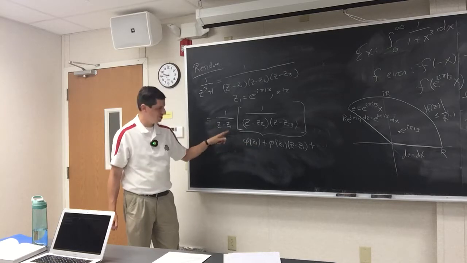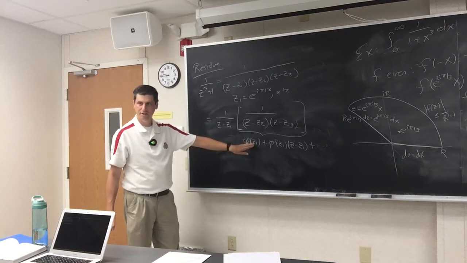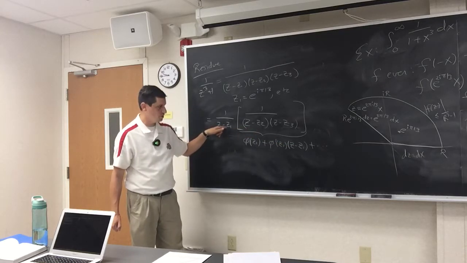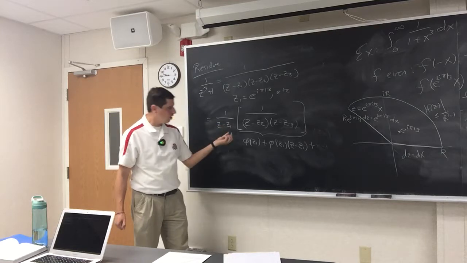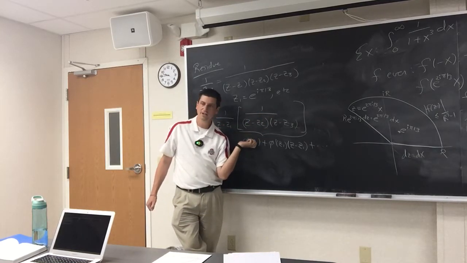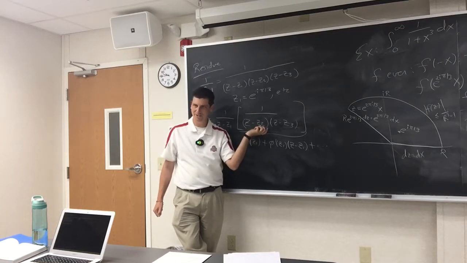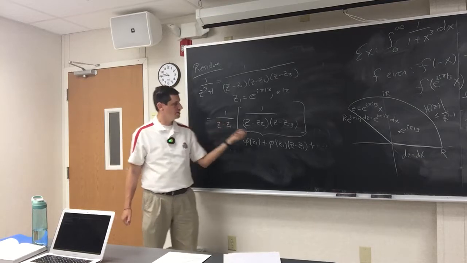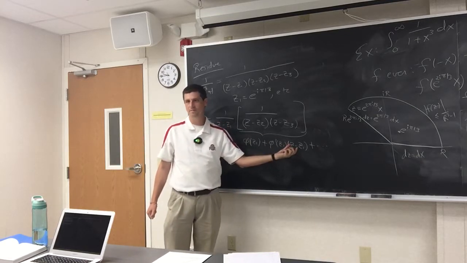All I care about is this piece. I just care about the residue, the -1 term. This term would give me a constant. The z minus z1's cancel. So when I want to find the Taylor series of this, I only need to find the constant term of this Taylor series, and that will give me the residue. If I had a z minus z1 squared, then I would have to find the linear term.